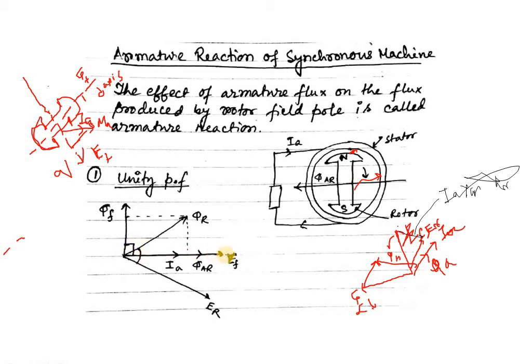So it is in this position, and the armature current will also be in the same axis as the field EMF, and this is the resultant flux which is because of these two fluxes, phi F and phi A. From the resultant flux, with 90° position, the resultant EMF will be created, and this is the phasor diagram for unity power factor.